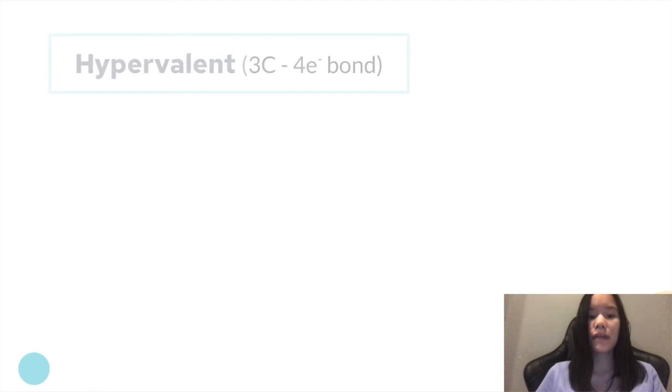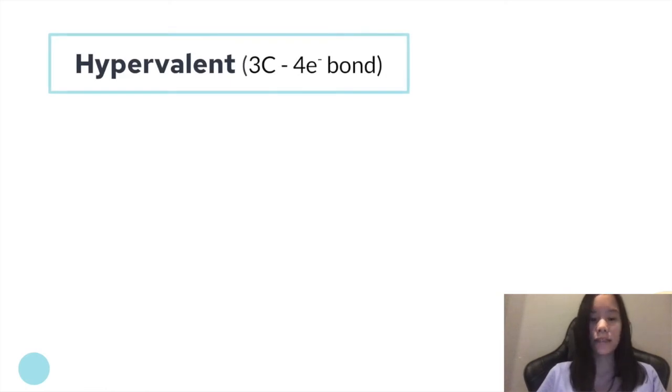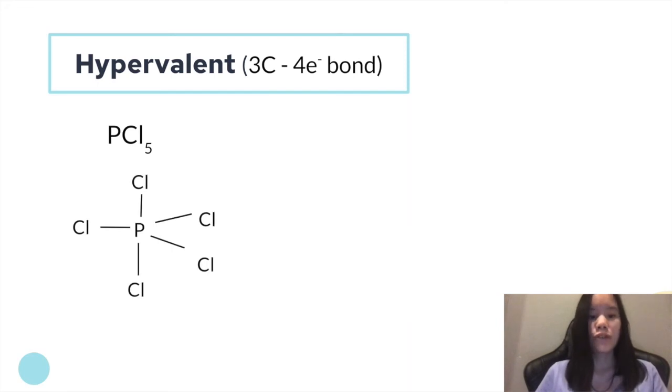PCl5 is the example of hypervalence, or 3-centered 4-electron bond. To show the structure of PCl5 with a 3-centered 4-electron bond, the structure should be drawn as the structure on the right. There is one 3-centered 4-electron bond presented in the red box.